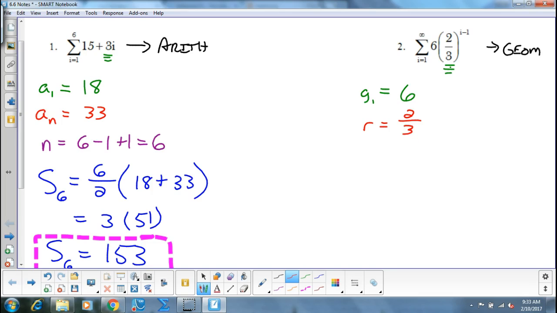Now, this is what kind of a geometric series? Infinite, because it's going to infinity, right? Can I continue? Is my R value less than 1? Yes. Okay. So the sum then is going to be 6 divided by 1 minus 2/3.